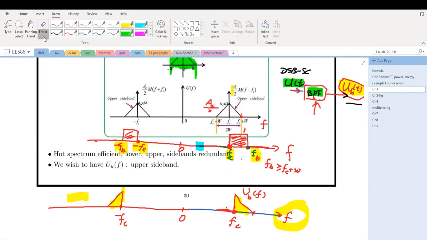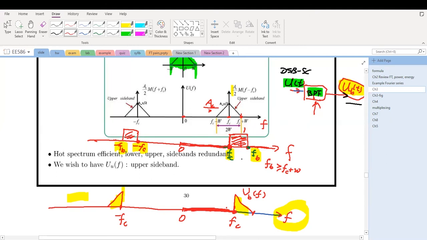So when two spectra are multiplied together, we line up the frequency, and for each frequency we multiply the values of the spectra. For the bandpass filter, all this portion is 0. So 0 multiplied by anything is 0. Right? It's this portion. And then starting from fc, this bandpass filter will pass the signals.